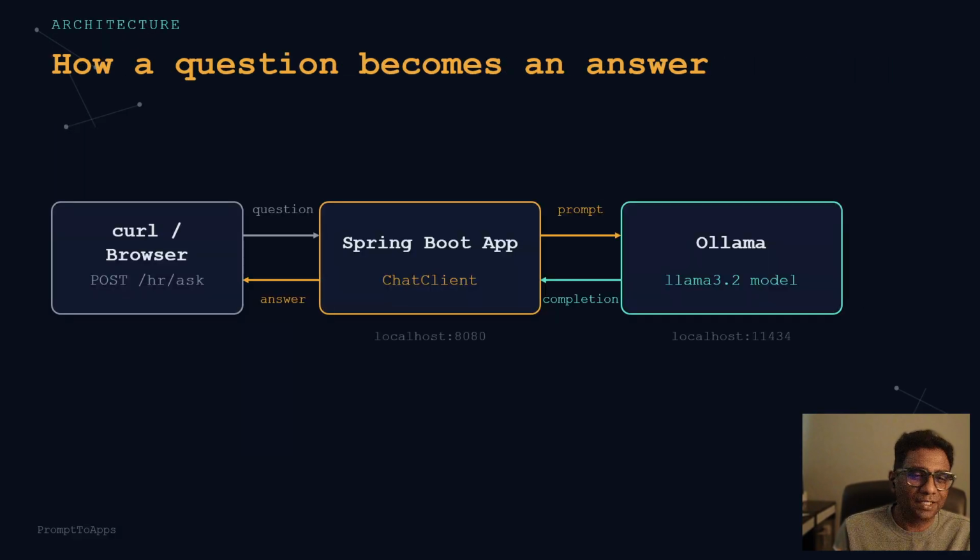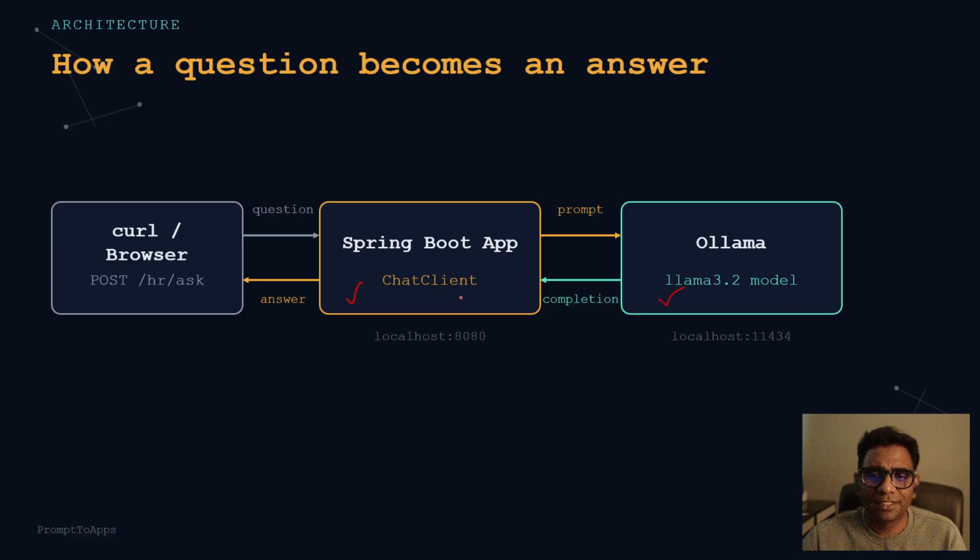Now, the architecture is very simple. We are building a REST API. The user is going to ask the question, and we are going to give the question to the large language model. I'm going to cover Ollama and the large language model parameters later.